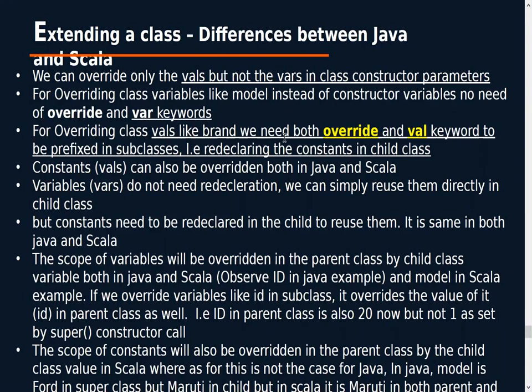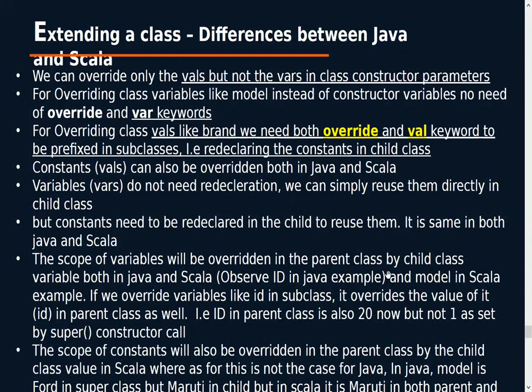And if there are any vars in your parent class, you can directly override them or extend them without any override or var keyword. But for vals, that is mandatory. Okay. And variables do not need redeclaration.